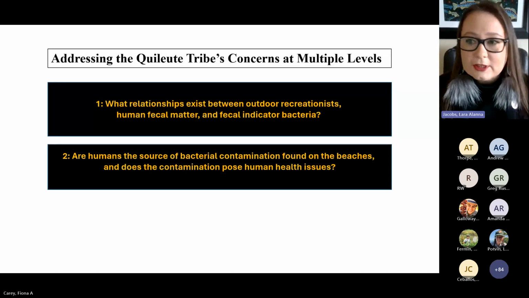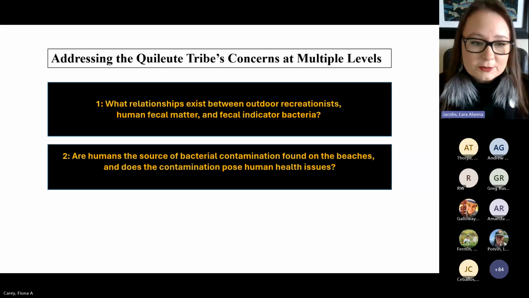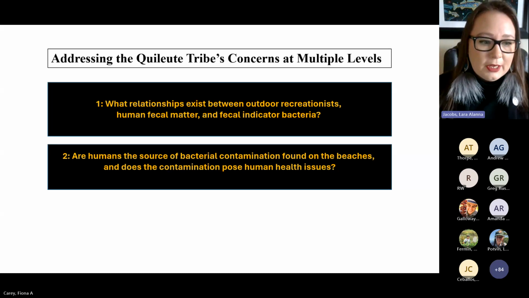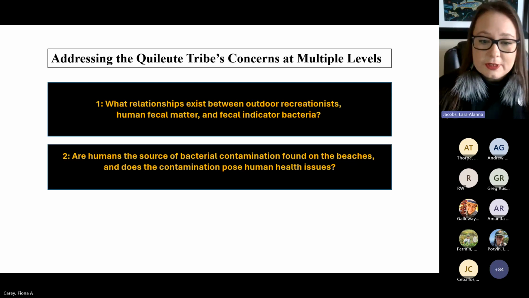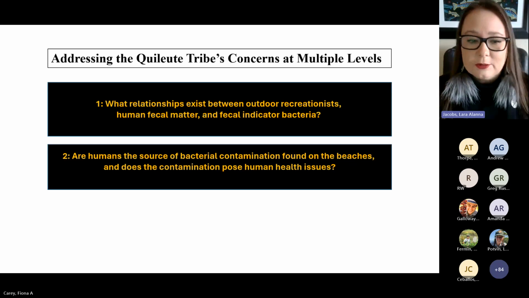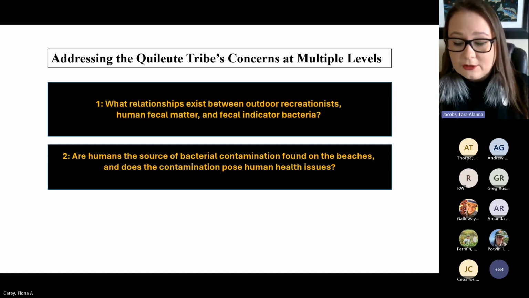So we wanted to look at this at different levels and try to understand the full scope of the problem as much as we could do. So the first question that we asked was, what relationship exists between outdoor recreationists, human fecal matter, and fecal indicator bacteria in this study system? And then are humans the source of bacterial contamination found on the beaches?